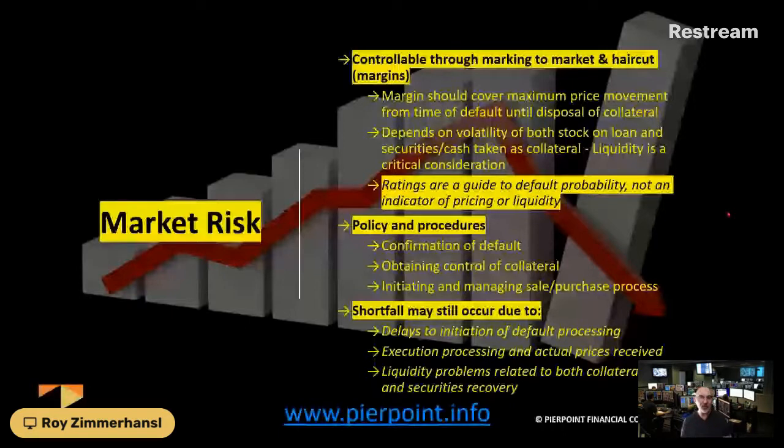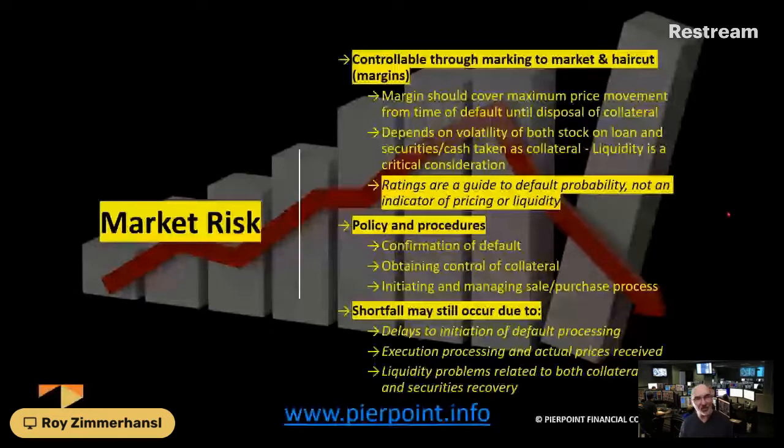Now, the really important thing to me with market risk is that you have policies and procedures in place and ready for all of this, because when there's a default, it's for everyone in the market, right? When Lehman Brothers went out of business, everyone was aware, and everyone that had exposure to them started taking action all at the same time, or at least they should have been.